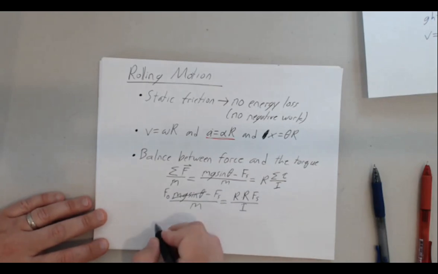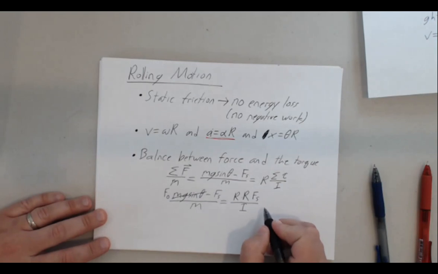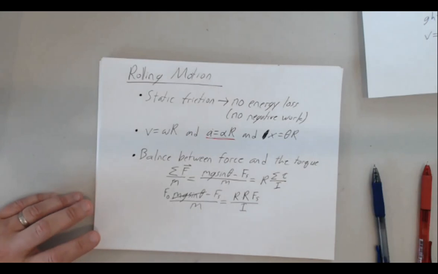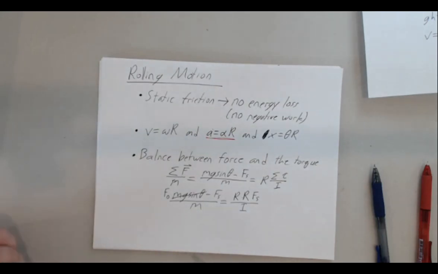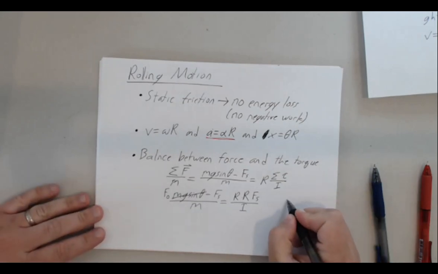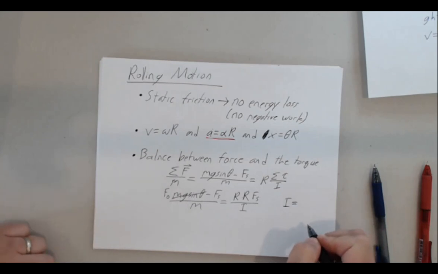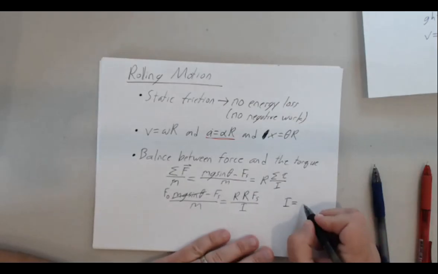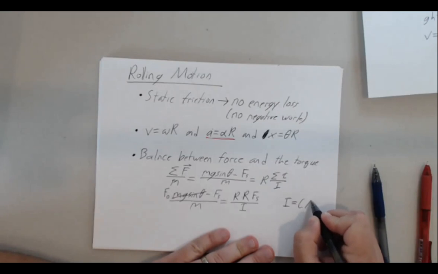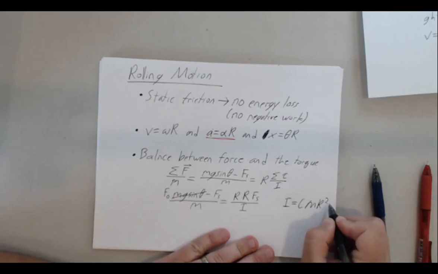So if I take some things apart here, I can do one other thing. Moments of inertia for round objects always have what form? They have some number times m r squared, which I'm going to call c times m r squared.